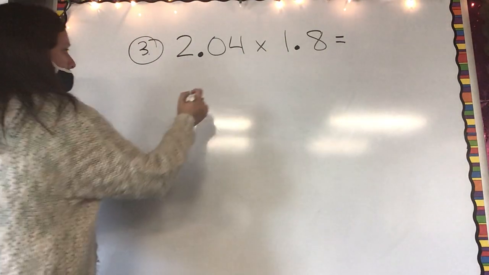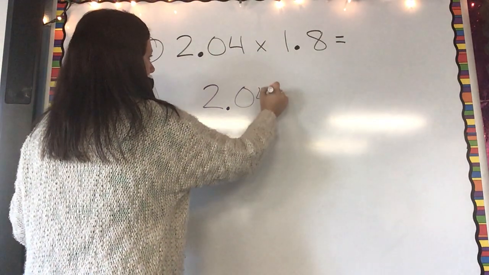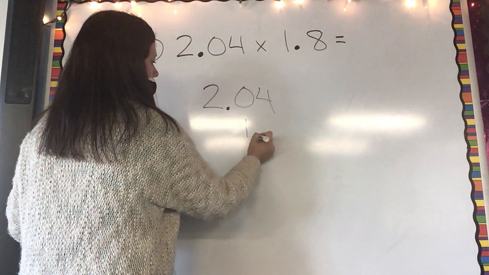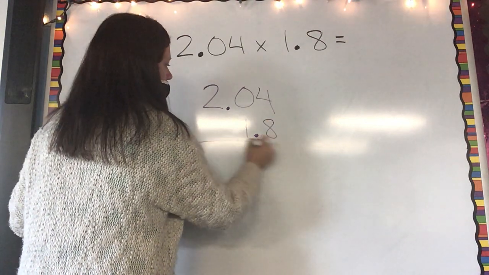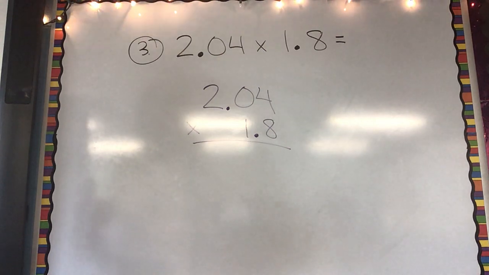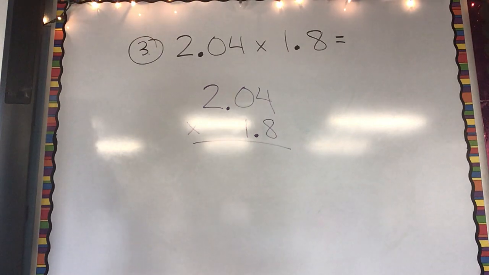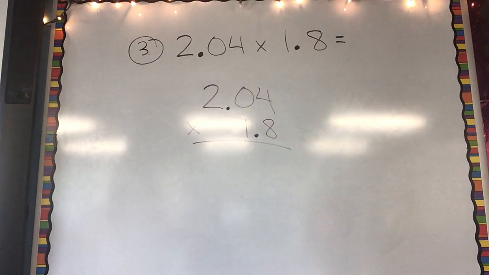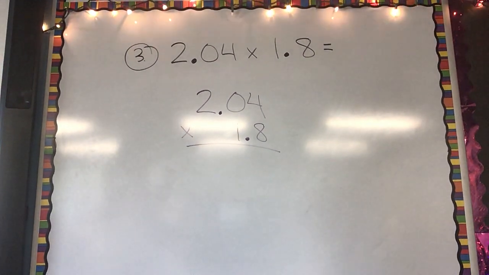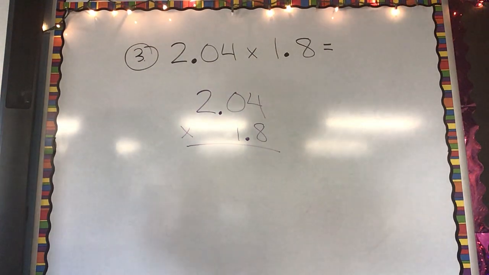I'm going to do step 1. I'm going to rewrite my problem so that my numbers are lined up, not my decimal. Here's step 1. Raise your hand if you're still working. Okay, a couple more minutes. Step 2 is to multiply like normal.